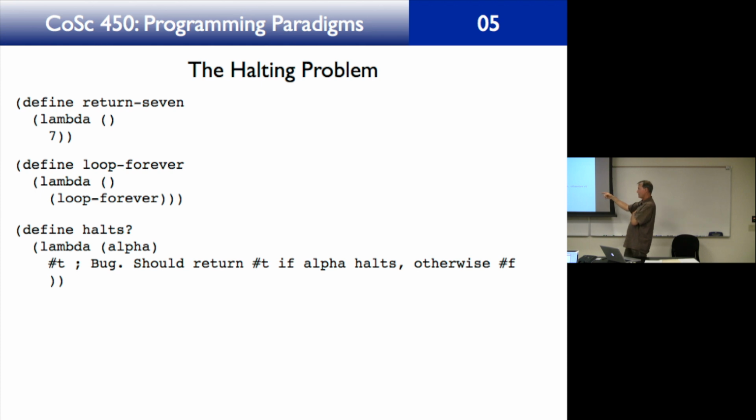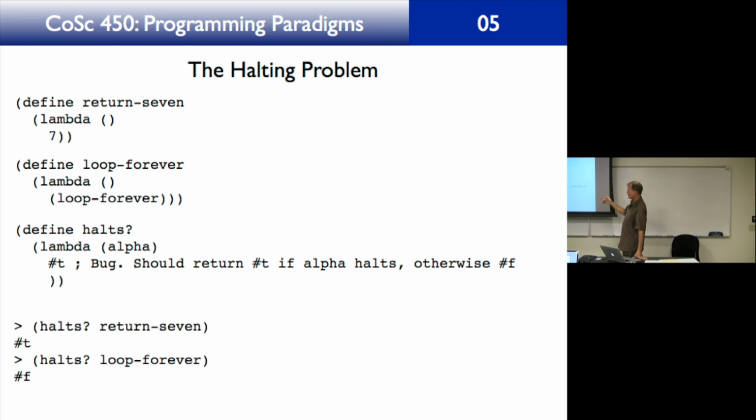Now, you obviously can't write halts because we're going to prove that it's impossible to write halts, so there's a bug in this halts program. But anyway, that's what it's supposed to do. And what we want halts to do is, if we give halts return 7, that should return true, and if we give halts loop forever, that should return false. So we are going to assume that we can define halts this way, such that that's what it does.